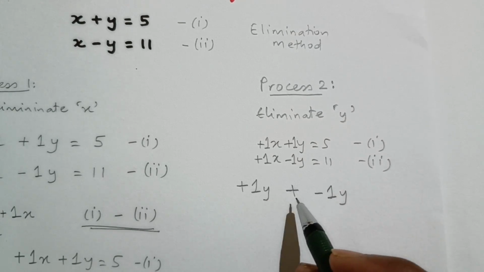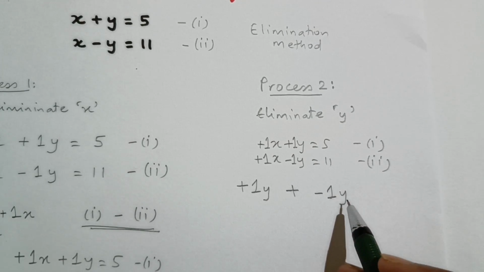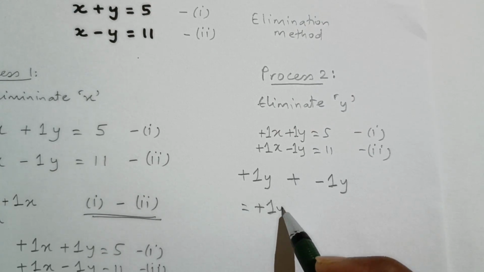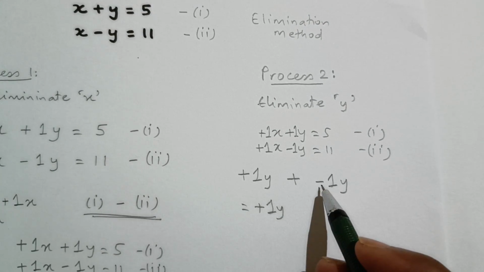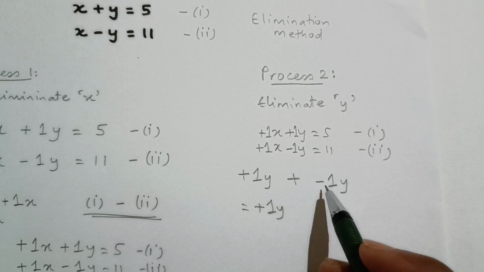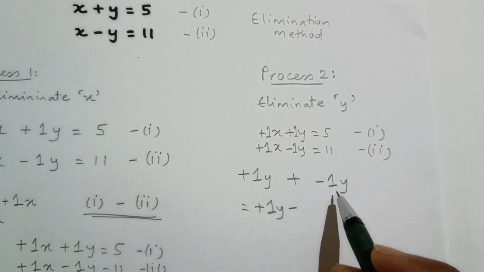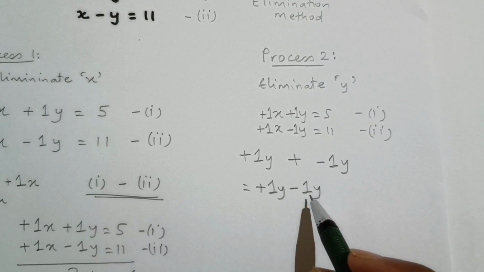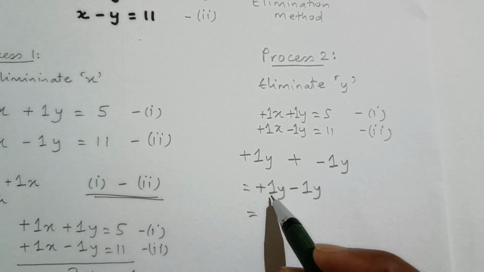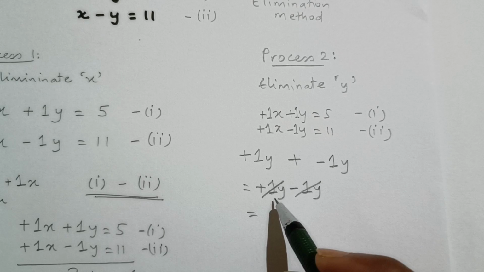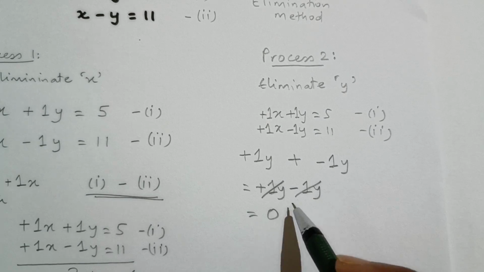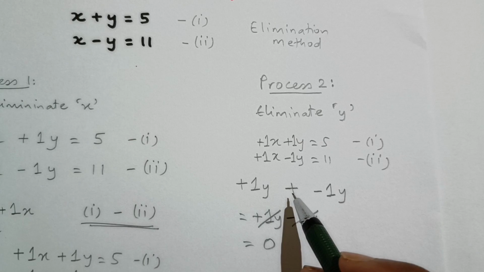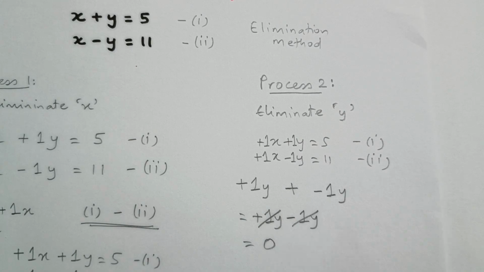So plus 1y plus minus 1y. Plus into minus is minus, so minus 1y. So plus 1y minus 1y cancels and we get 0. So the y gets eliminated. So if I do addition, I can eliminate the y.